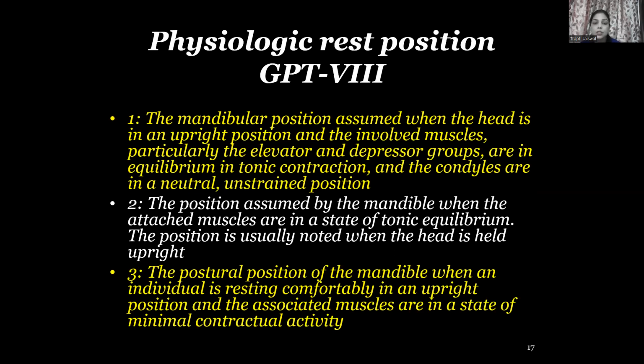Another definition is a position assumed by the mandible when the attached muscles are in a state of tonic equilibrium. This position is usually noted when the head is held upright. And another definition is a postural position of the mandible when the individual is resting comfortably in upright position and the associated muscles are in a state of minimal contractual activity.